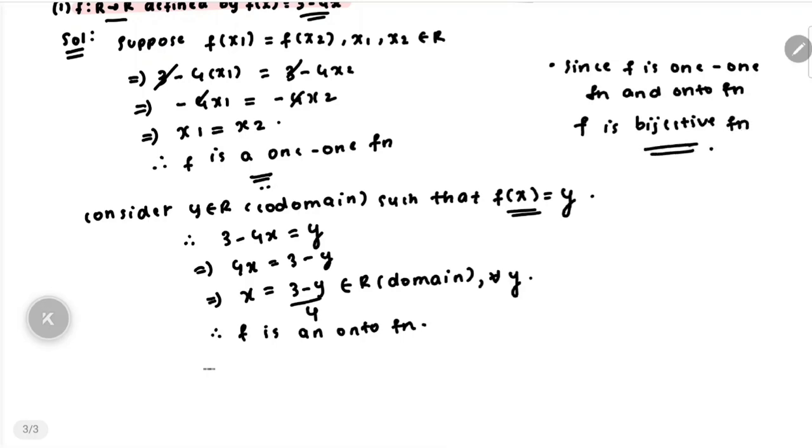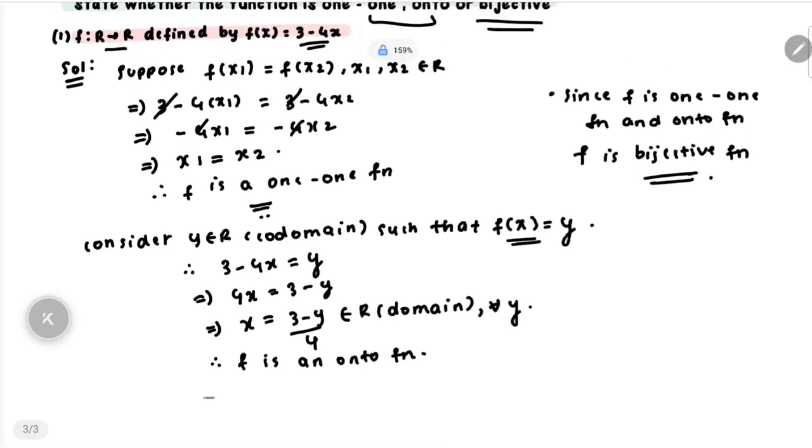So I'll repeat this again. First you have to prove it as one-one function. So f of x1 is equal to f of x2, where x1 and x2 belong to R. Take this condition here: 3 minus 4x1 is equal to 3 minus 4x2. Again 3 gets cancelled, 4 gets cancelled, until you get x1 is equal to x2. You have to be cancelling it out, and f is a one-one function.